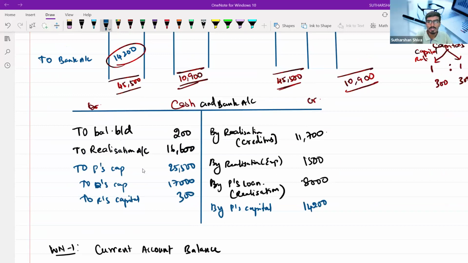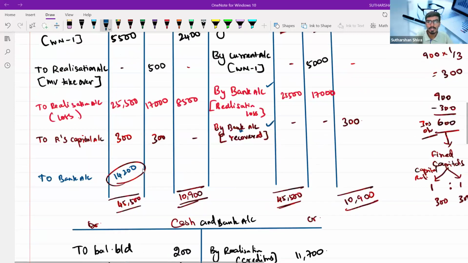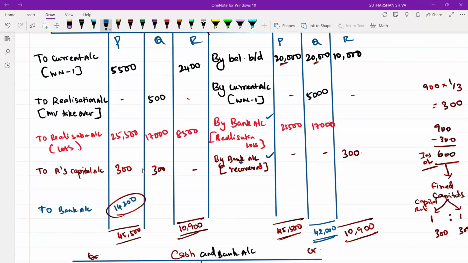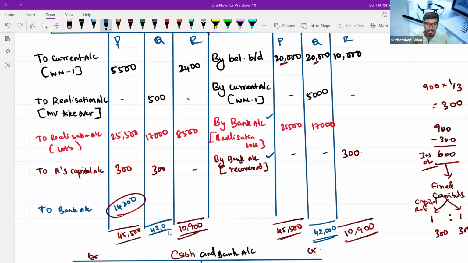14,200 is the value. Now come to the part of Q. Q is 42,000. On that 42,000, subtract 17,000 that is gone. So it is 24,200. 24,200 is the value over here.